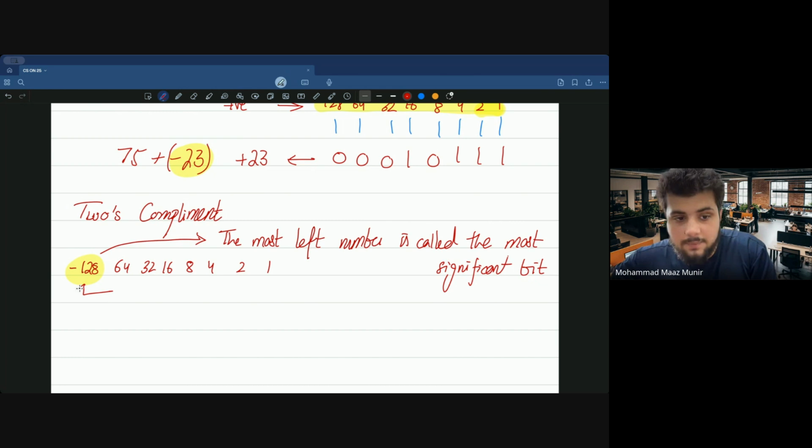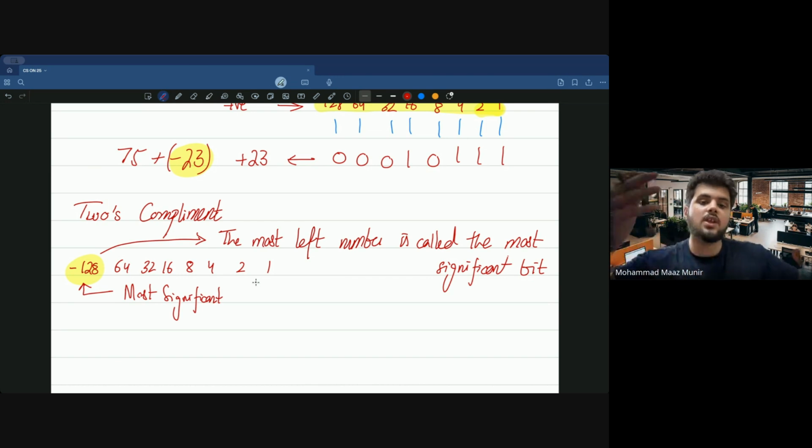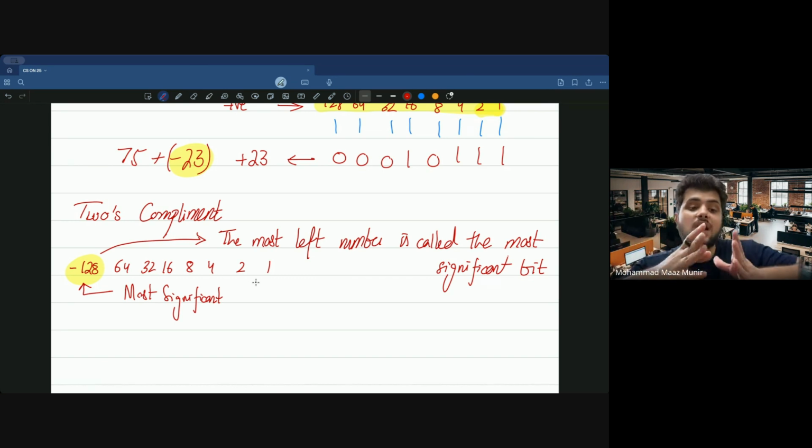This number has a lot of value. Why? Because usually when we are dealing with positive and negative numbers, we have to always change the most significant bit, which is the most left side bit.